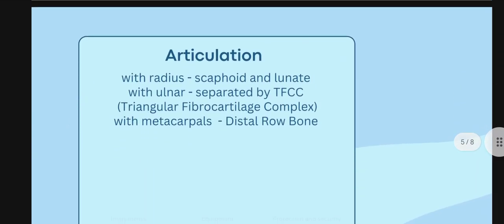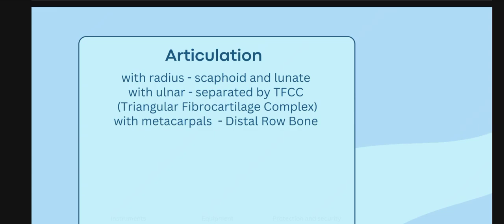Then the articulations. Articulations are with the radius, with the ulna, and with the metacarpals. With the radius, that is scaphoid and lunate. With the ulna, it is separated by the TFCC, the triangular fibrocartilage complex.